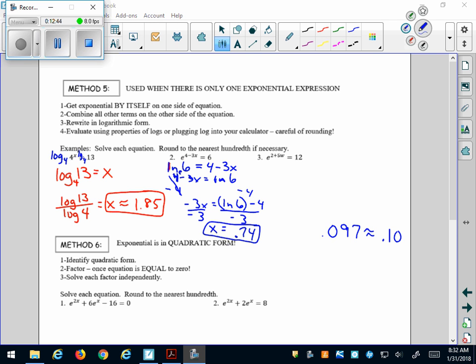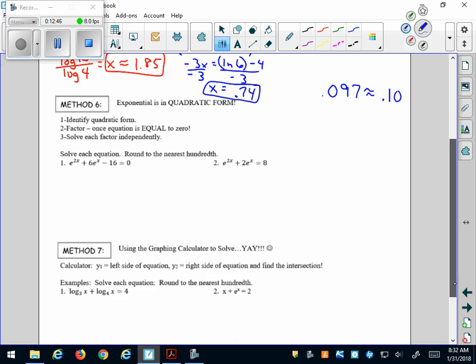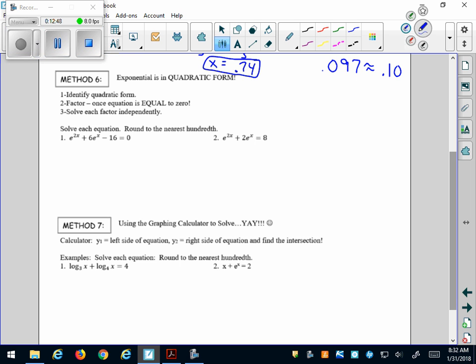Method 6. So, this one, we've got an exponential in quadratic form. So what we want to do is kind of name our variable in simpler terms.